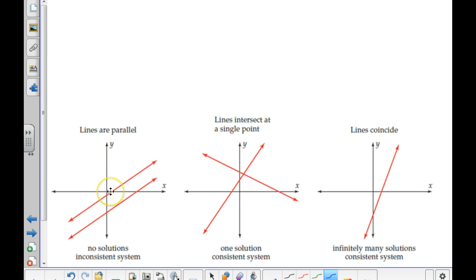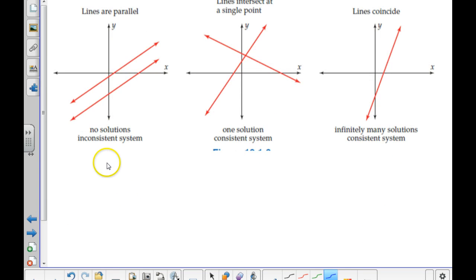All right, just a picture quick. No solution, inconsistent. One solution, consistent. Infinitely many solutions, consistent, and this one is also called dependent. Now for this, you cannot write all real numbers, okay? Because if my equation of my line happened to be this, this doesn't make any sense for the picture, but it doesn't matter.